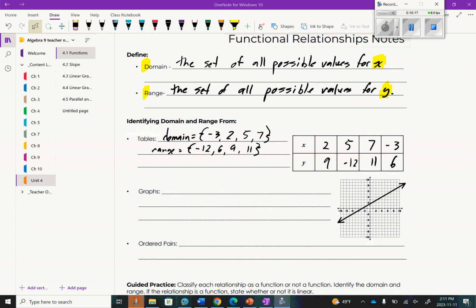If you are given a graph, the domain and range sometimes get a little bit tricky because the graph is never going to be infinite. So we need to pay attention to, hey, look, you've seen this before with graphs of lines.